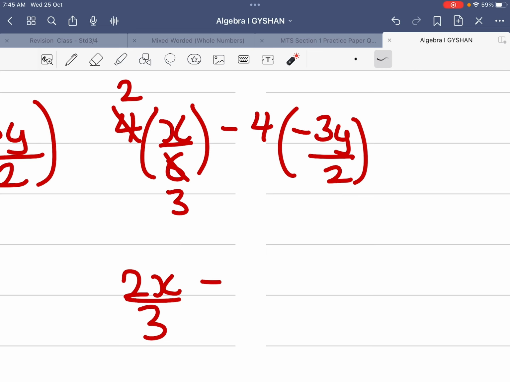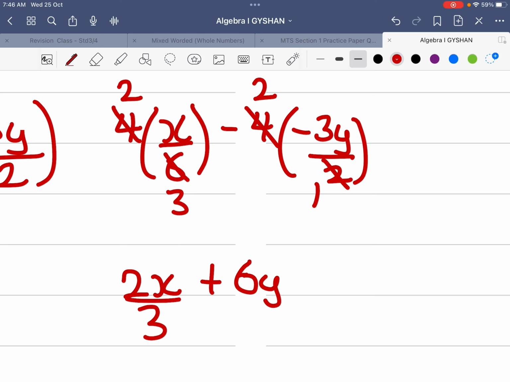And here we have 2 into 2 is 1. 2 into 4 is 2. A negative by a negative is a positive. So that's 2 multiplied by 3. That's 6y over 1 or 6y.